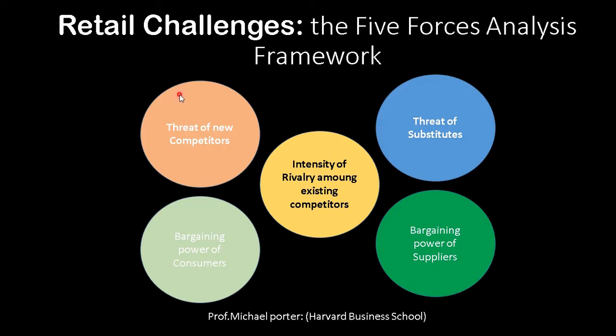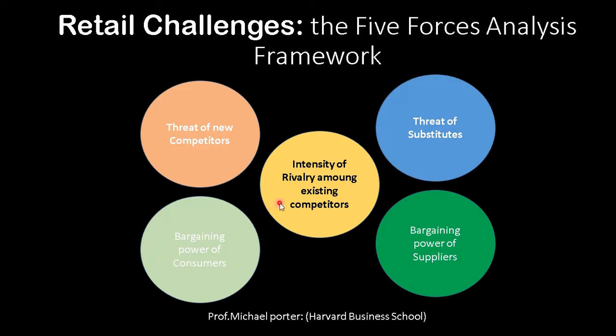The first one is the threat of a new competitor. Every retailer or every product and brand is always looking for market intelligence on who could be the next competitor coming into the market. Bargaining power of consumers is basically when the consumer has more power in a specific market. When there is a lot of offering, it gives consumers the possibility to look around to choose the cheapest and as well to bargain more.